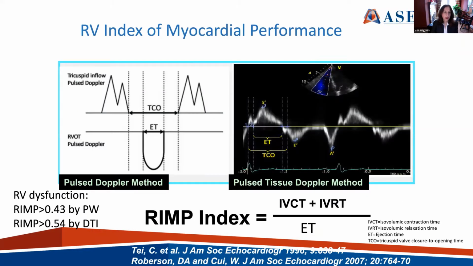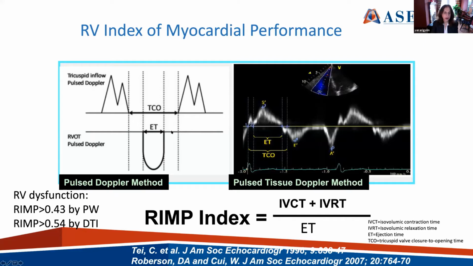Now, what about the RV index of myocardial performance? This can be done either by using pulsed wave Doppler or by using tissue Doppler. Basically what we're doing is looking at the isovolumic contraction time plus the isovolumic relaxation time and dividing it by the total ejection time.